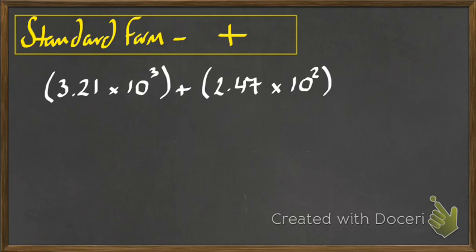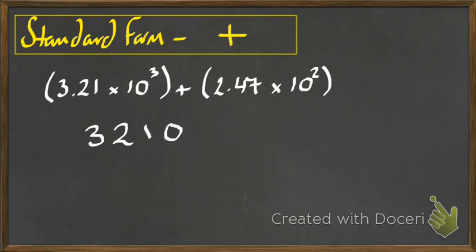So that is 3.21 times 10 to the 3. Now I'm going to do it reasonably quickly because the previous slides explained how to do this, but that's going to be 3,210 because I've taken 3.21 and multiplied it, and there are 3 decimal places moving because of the power in there. So that's that.